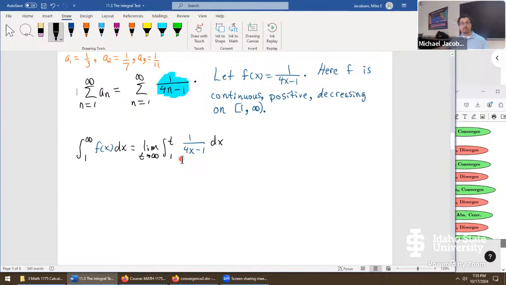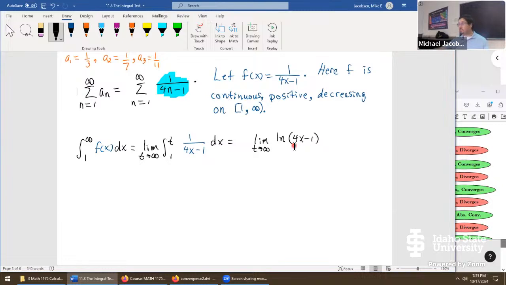So all we have to do is resolve this one. Actually, that's not too bad. If we have power 1 on our x in the denominator, the antiderivative is the natural logarithm. So we can immediately say equals the limit as t goes to infinity of the natural log of 4x minus 1. There are a couple additional things we have to think about. I didn't put absolute values on this, and that's because of the context.